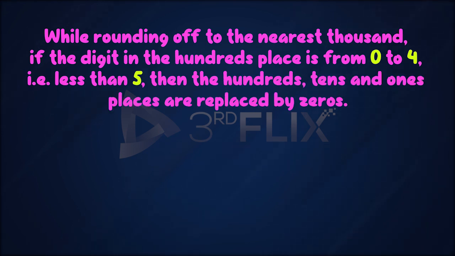While rounding off to the nearest thousand, if the digit in the hundreds place is from 0 to 4, that is less than 5, then the hundreds, tens and ones places are replaced by zeros.